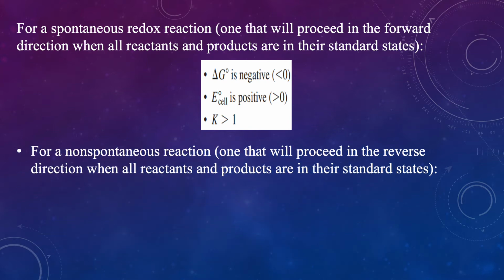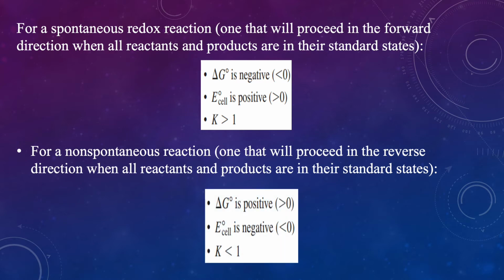For a non-spontaneous reaction, the one that will proceed in the reverse direction when all reactants and the products are in their standard state, the Gibbs free energy is positive, which is greater than 0. The cell potential E naught cell is negative, which is less than 0. And K, the equilibrium constant, is less than 1.